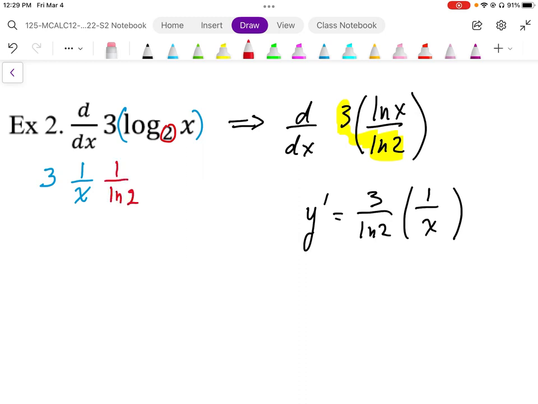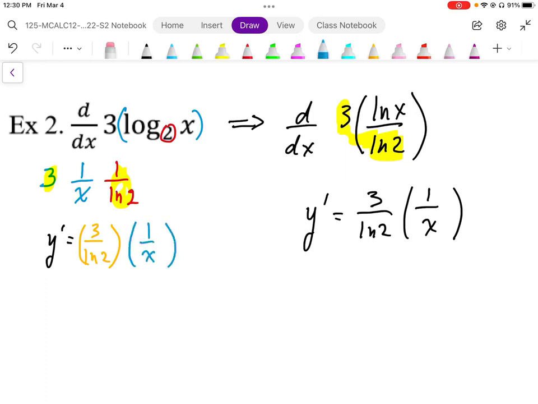And so this is using the formula that I had above, but notice that when I simplify this, my y prime ends up being the same because all of this just gets grouped together. That's a coefficient. That's just 3 over log 2. And then we have the 1 over x part. And it works out to be exactly the same as the derivative that I had before. So there's my 1 over x.